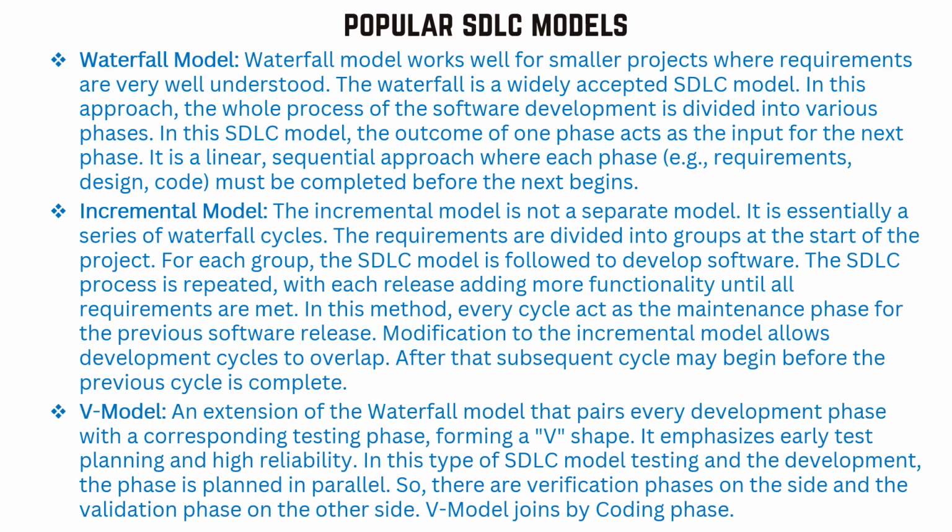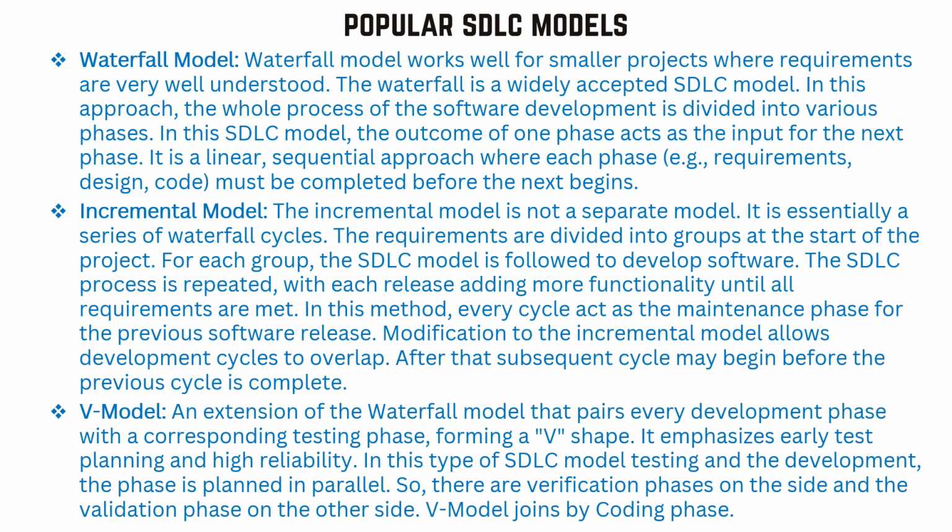There are verification phases on one side and validation phases on the other side. The V model joins at the coding phase. So the V model can also be seen as an enhanced version of the waterfall model, where testing and development can run in parallel, and that might be a very popular strategy nowadays, right?